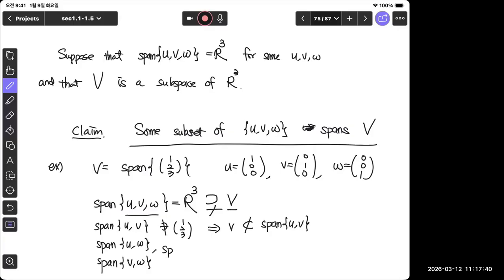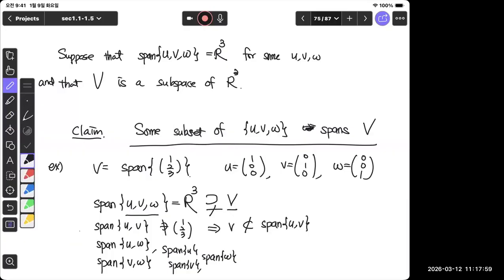Or if you consider span of U, or span of V, or span of W, or even span of an empty set, none of these include the (1, 2, 3) vector, right? So V cannot be included in the span of any subset.